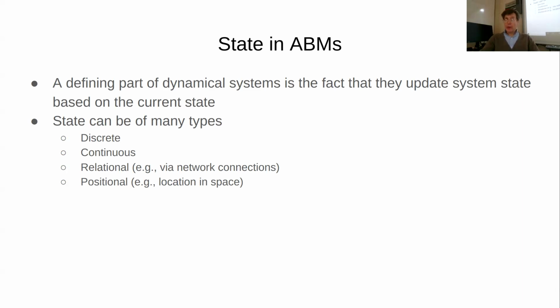Now, with ABMs, the state is a more textured quantity. It's a more textured construct. It includes aspects of discrete state where you're evolving among different specific states, continuous state, where you might have a variable that encodes an approximation to a real number.